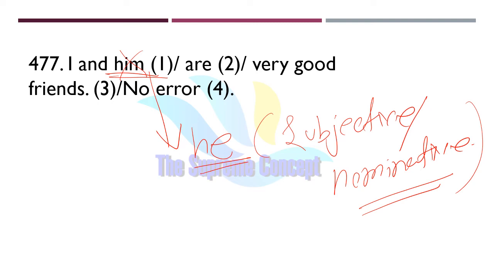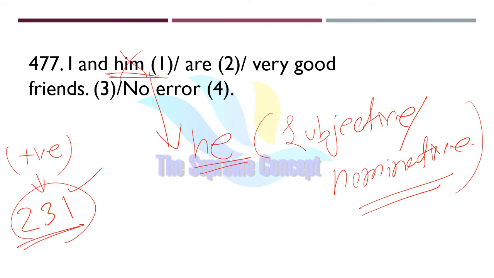See, this sentence is a positive sentence, and for positive sentences we will use an important rule of pronoun, that is 2, 3 and 1. What do these three digits mean? 2 represents second person, 3 represents third person, and 1 represents first person. So for good reasons, we will use second person first, then third person, then first person.